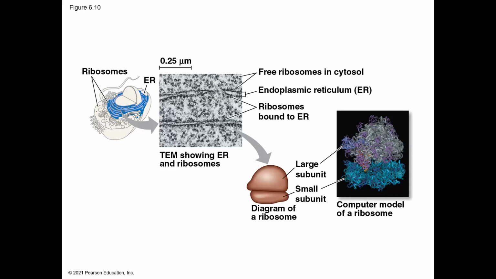One's a larger subunit, one a smaller subunit, and they come together. It's like they form a sandwich with messenger RNA, and it's read to produce a protein. From the image here, there's a TEM image showing you the endoplasmic reticulum and how it's lined with these dark spots, which represent ribosomes.